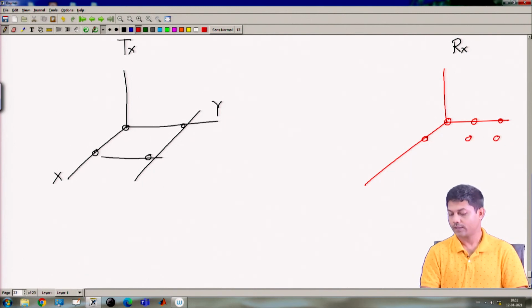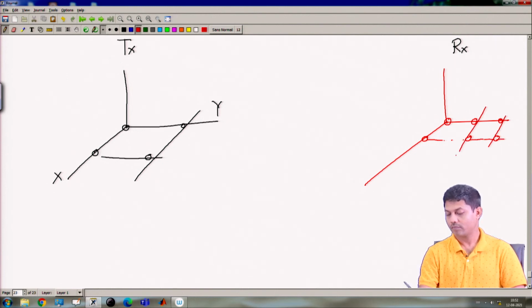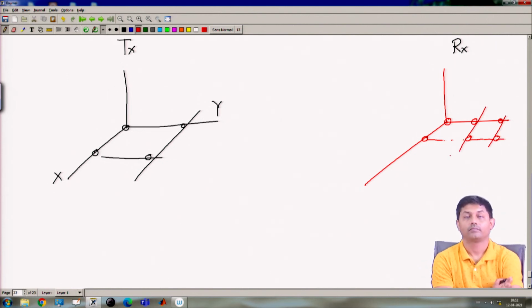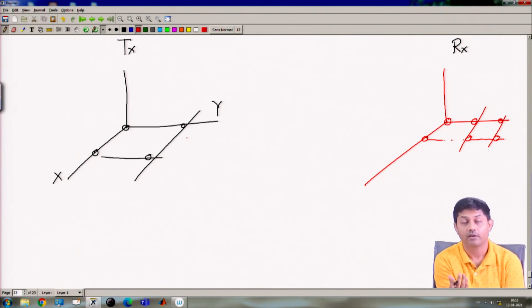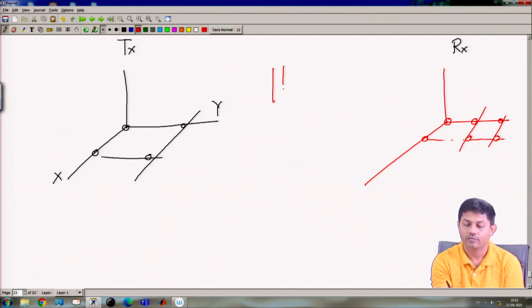This is how my RX side antennas are placed. You know how to solve it. You can number it, depending on how exactly the configuration is, and you can construct your H.